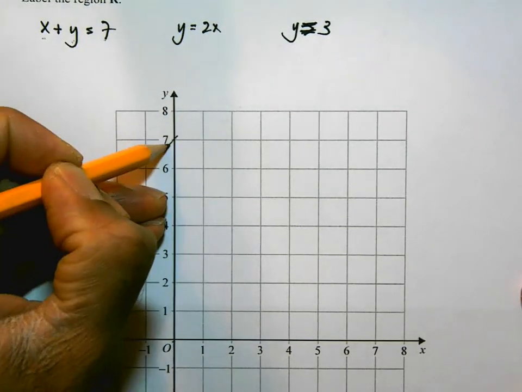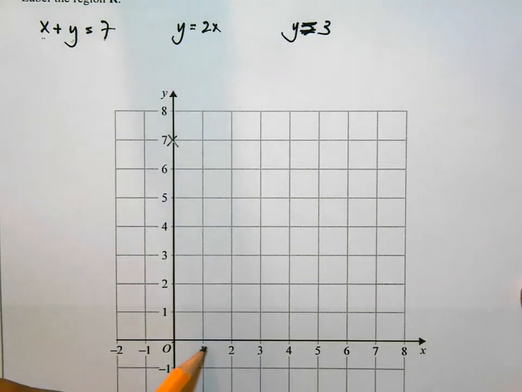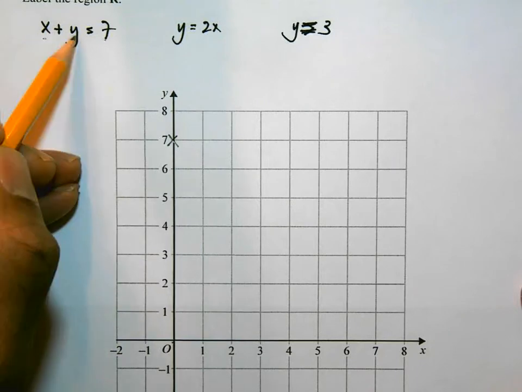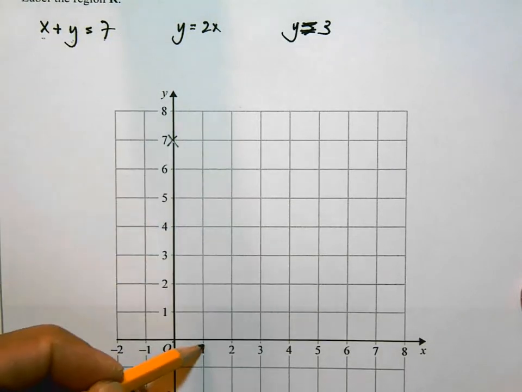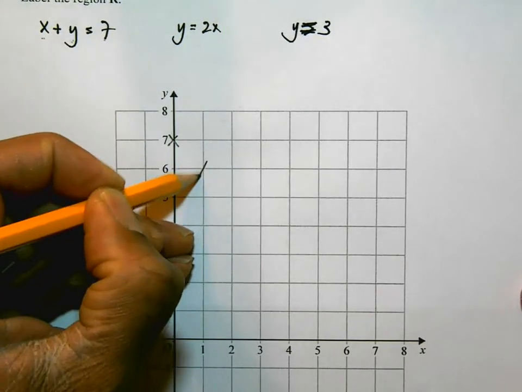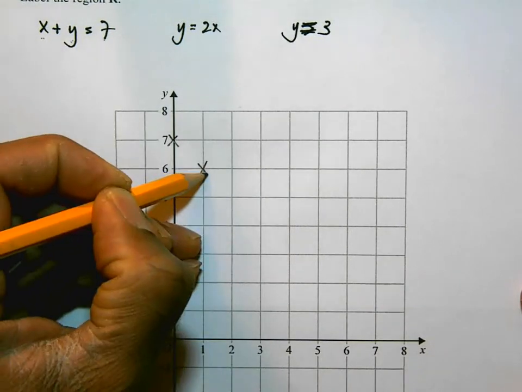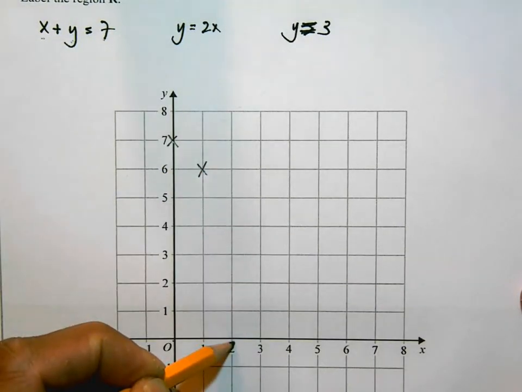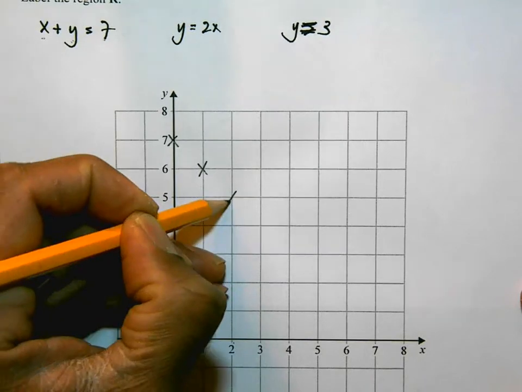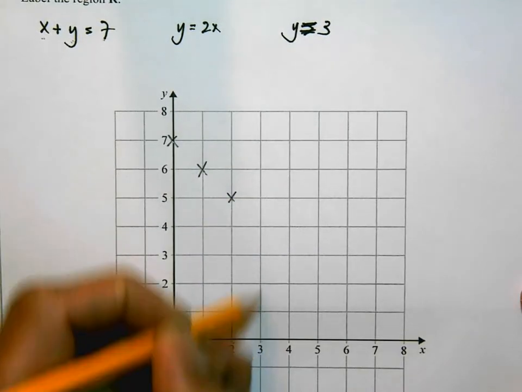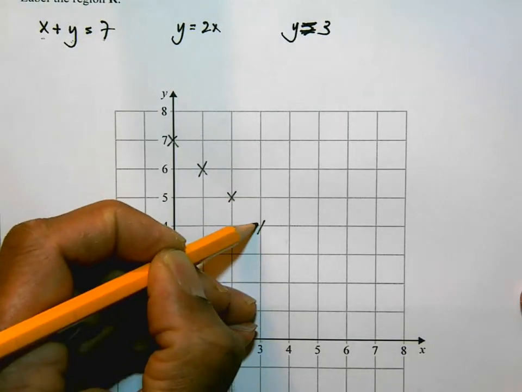If x is 1, what should y be so that they add up to 7? If x is 1, y must be 6. If x is 2, 2 plus 5 is 7. 3 plus 4 is 7. 4 plus 3, and so on.